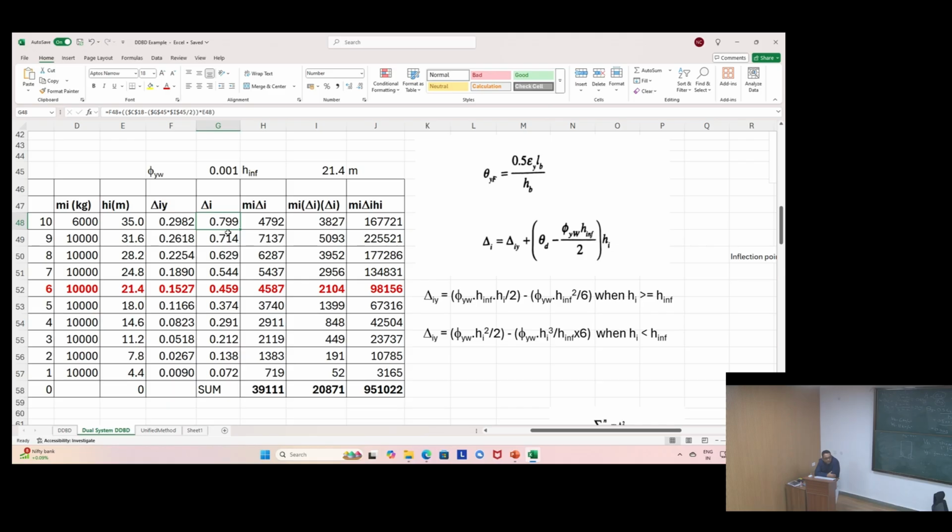Following so far? Delta IY and delta I. The main work is finding delta I. Once you find delta I, everything should be simple from there.